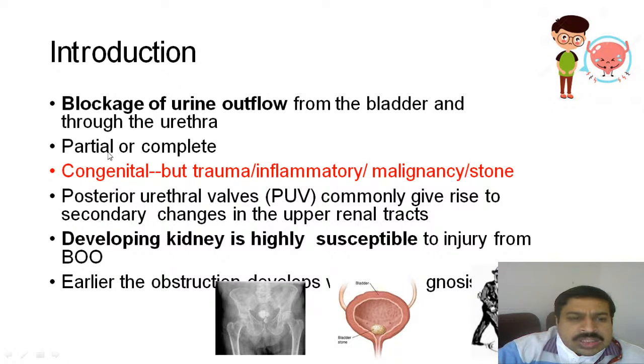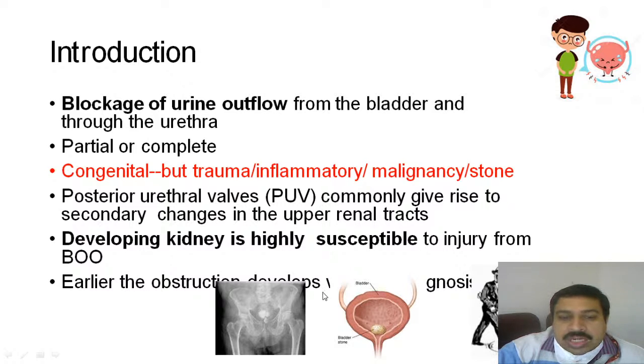It is important to understand that since it is congenital, posterior urethral valves have certain manifestations which are not seen with trauma, with stones, or with those arising because of malignancy.